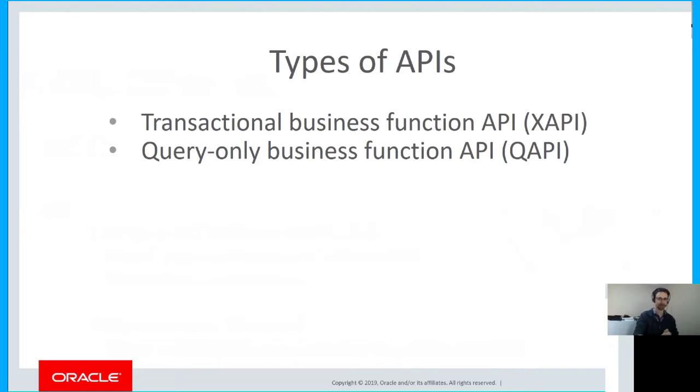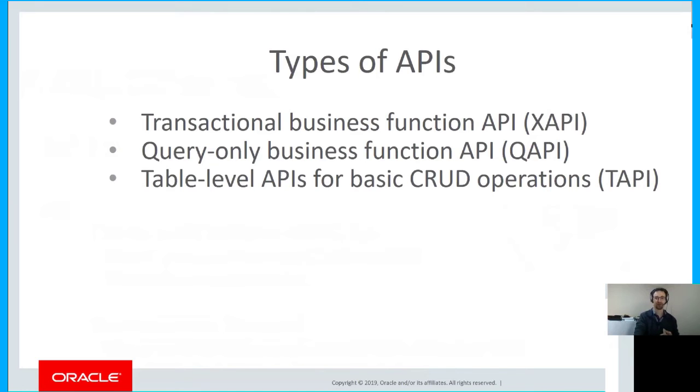Next thing we'll look at is another way of modifying data. These are CRUD APIs, table APIs. Here, this is just functionality related to a specific table. Things like insert, update, delete, your basic operations. And these are just little helper functions that make you a bit more productive and make it easier to get things going.